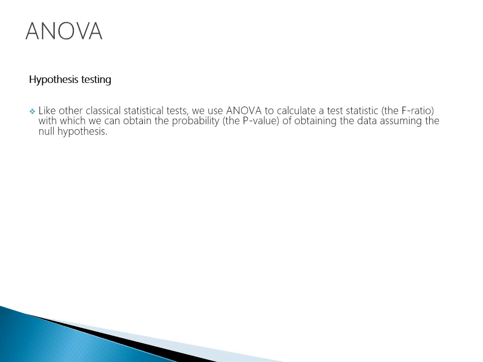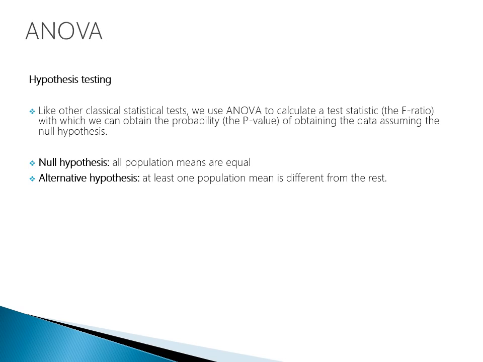Now we'll get into some hypothesis testing. Like other classical statistical tests, we use ANOVA to calculate a test statistic, which is called the F ratio, with which we can obtain the probability, the p-value, of obtaining the data assuming the null hypothesis. The null hypothesis, in this case, is that all population means are equal, compared to the alternative hypothesis that at least one population mean is different from the rest.